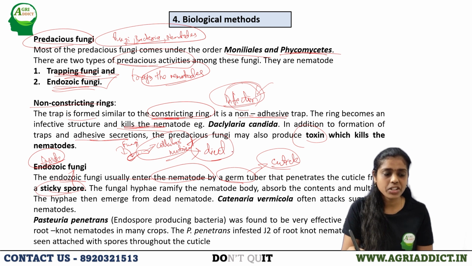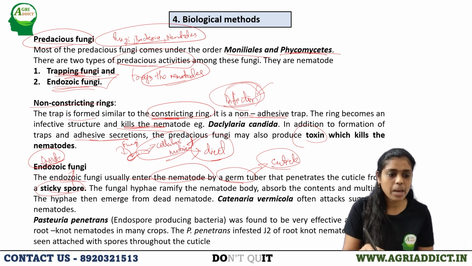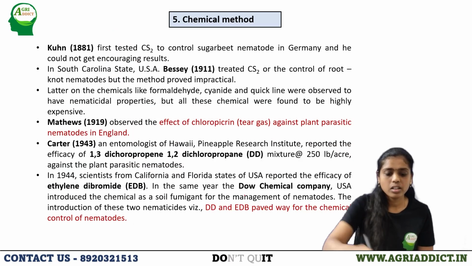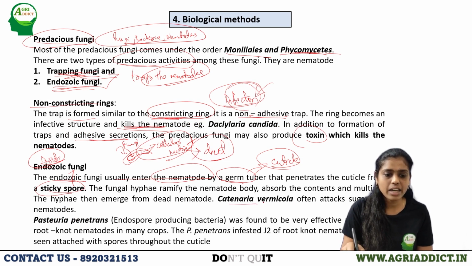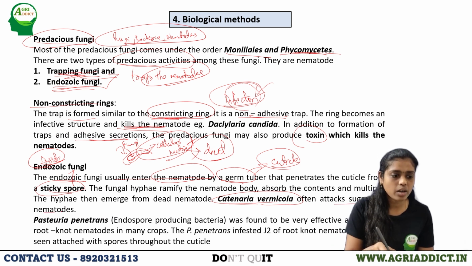After multiplication and some period of time, the hyphae will emerge from the dead cadaver of the nematode. An example of this is Catenaria vermicola, which mainly attacks sugarcane nematodes.